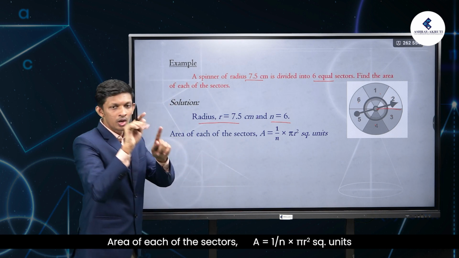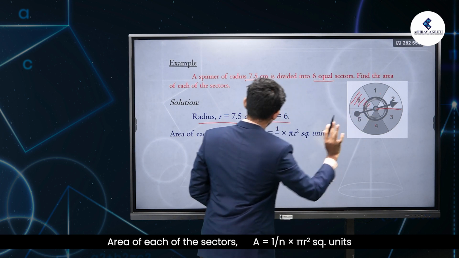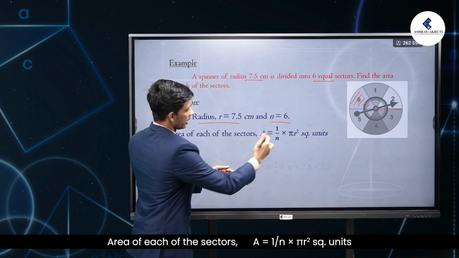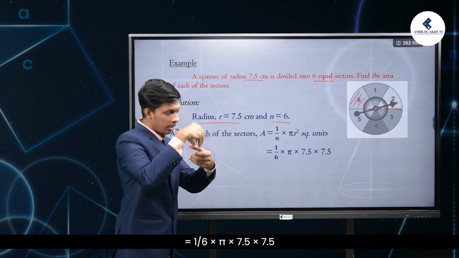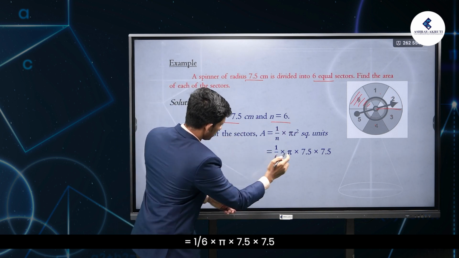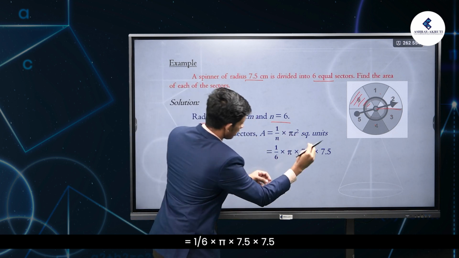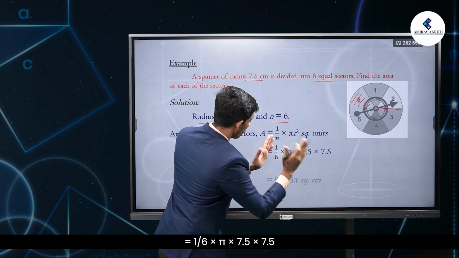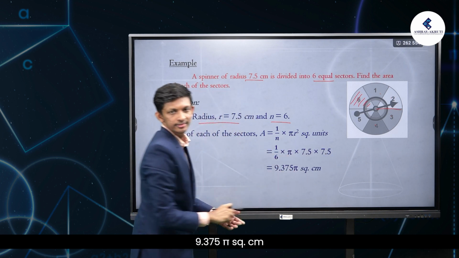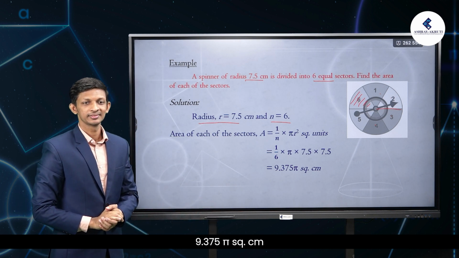Area of each of the sector A is equal to 1 by n into pi r square units, which is equal to 1 by 6 into pi into 7.5 into 7.5. By solving, we get 9.375 pi square centimeter.